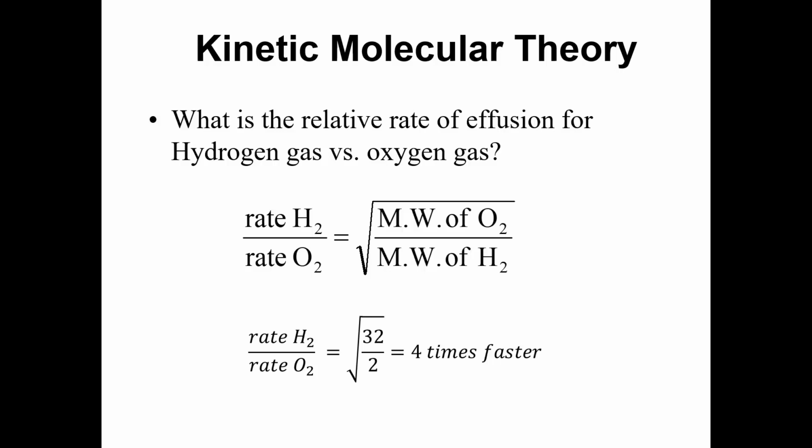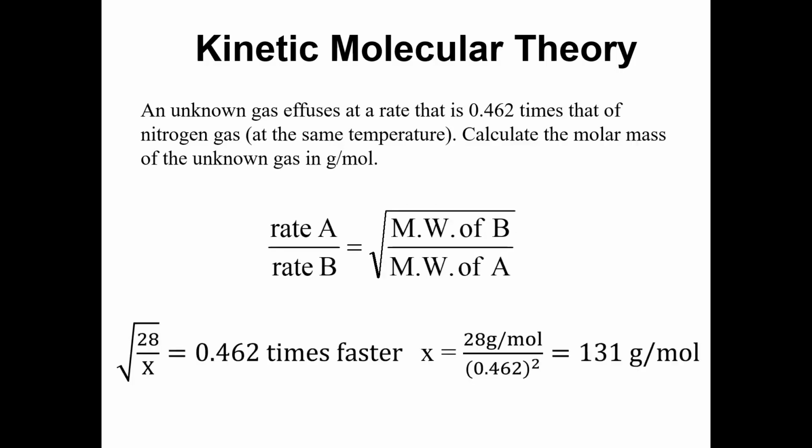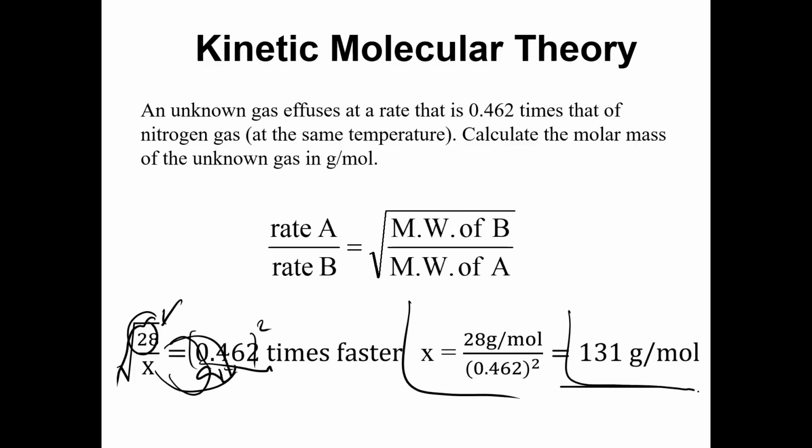So here's that, and then I could also ask you about an unknown gas that effuses at a rate of 0.46 times that of nitrogen gas. So I know this ratio, and then I solve for x here, right? I square that, and that gives a molecular weight of 131 grams per mole.